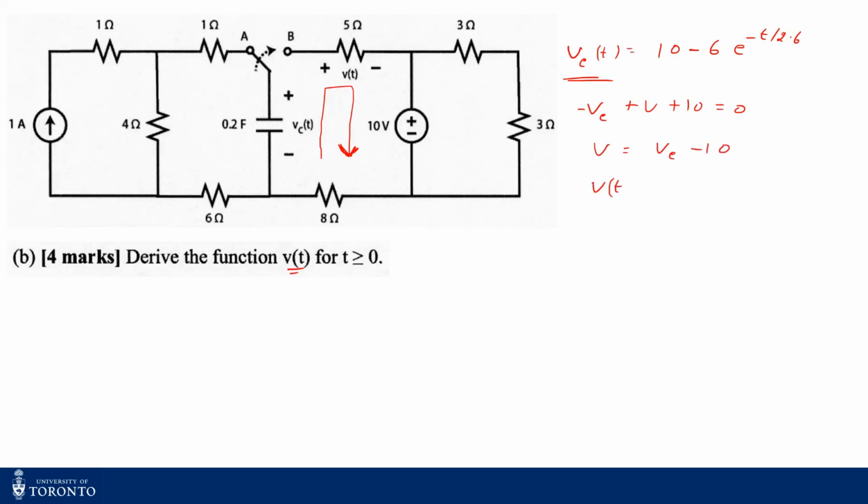So your VT is just going to be VCT, which is 10 minus 6 e to the power minus t by 2.6, minus 10.